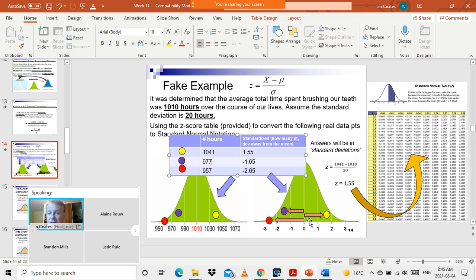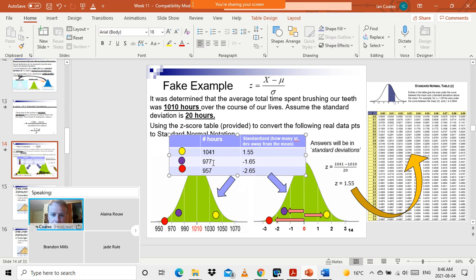And you'll see there that it is 1.55 standard deviations away from the mean. That's where it is, which corresponds to exactly where it was on its original graph, using real numbers. And that's what that means, that Z is in standard deviations.